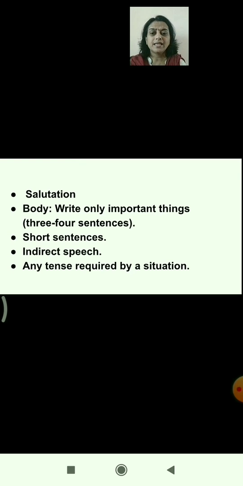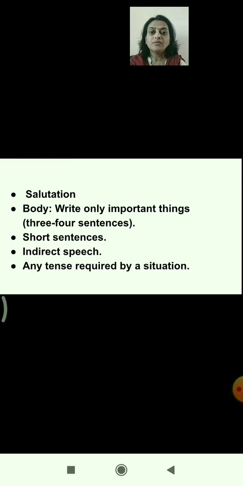Then the next point is indirect speech. That means when you are writing, you have to use indirect speech. So there also you have to keep in mind how you are writing. And you can use any tense required by that situation. So you can write the message in any tense.